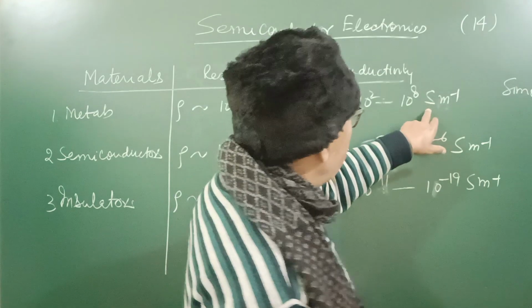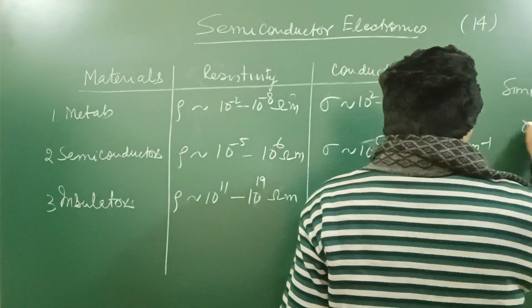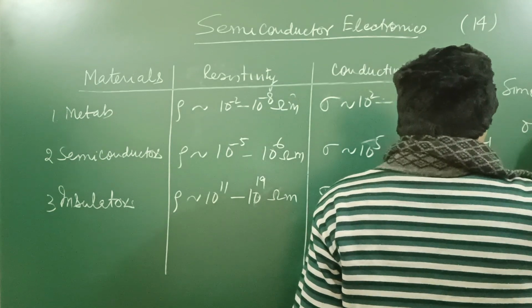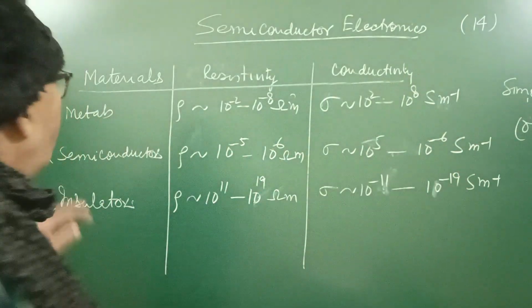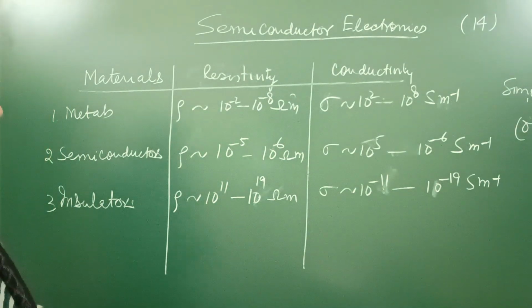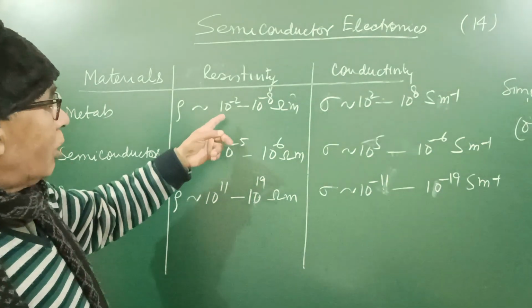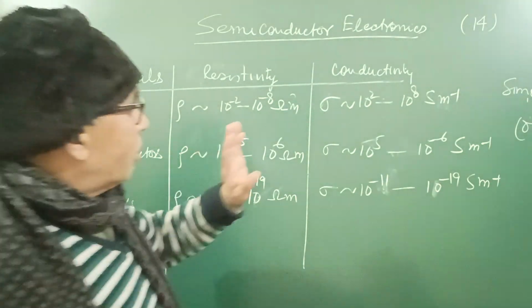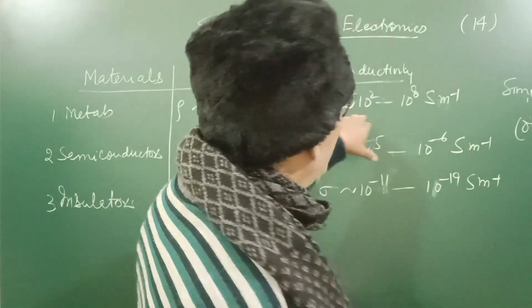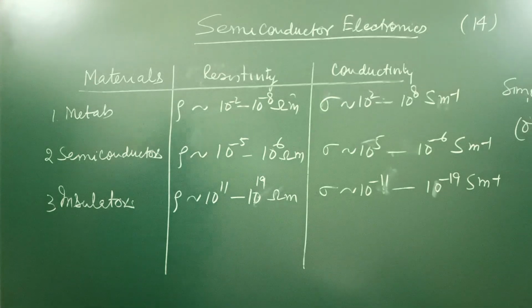In place of that you can write per ohm per meter. Ohm inverse is Siemens, written as S. So metals have their resistivity of the order 10 to the power minus 2 to 10 to the power minus 8 ohm meter, and conductivity 10 to the power 2 to 10 to the power 8 Siemens per meter.